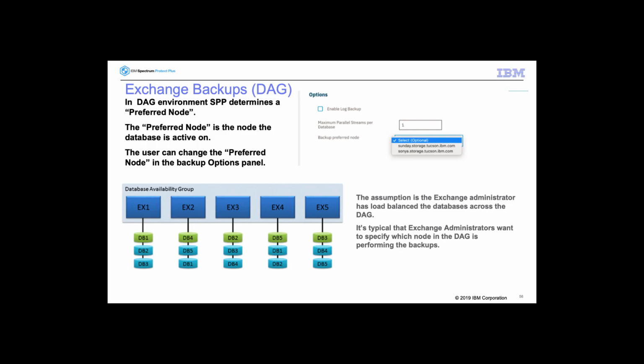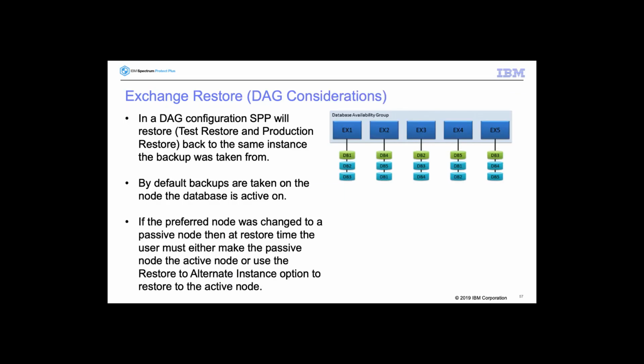So here you see a picture of the option screen for a DAG backup, and you can do this selection where you set the preferred node. And if you want to, for perhaps node balancing purposes, back up, say, DB1 from Exchange Server 2, then you can do that in the backup options panel.